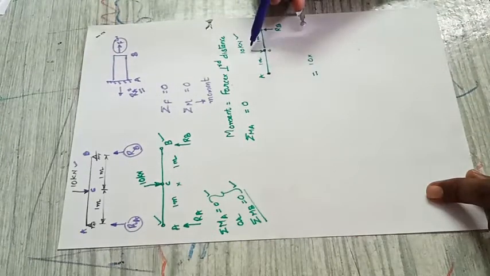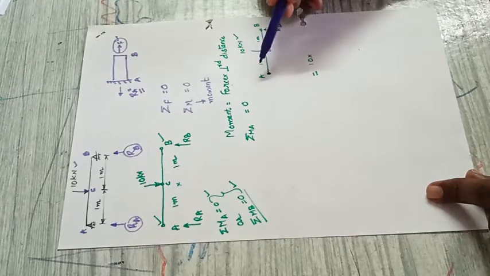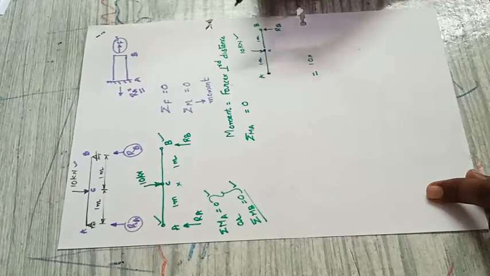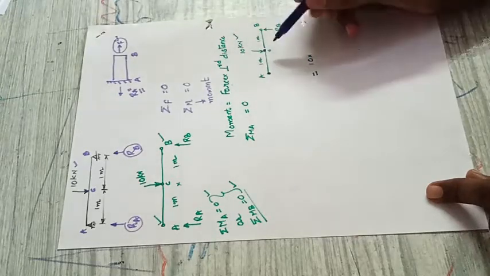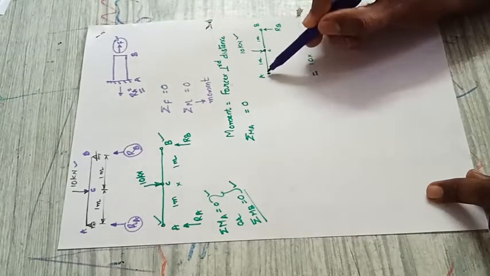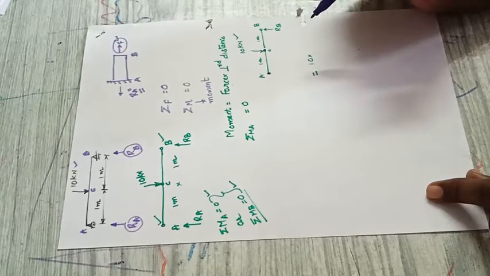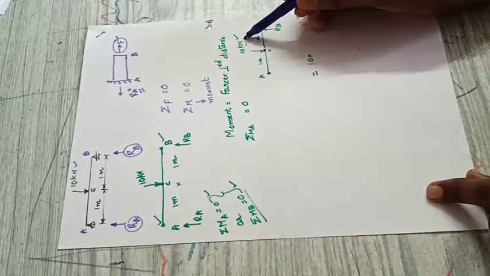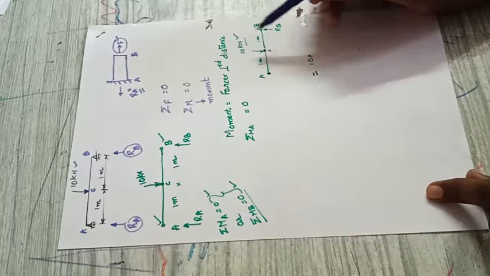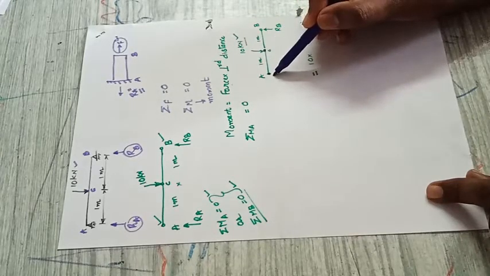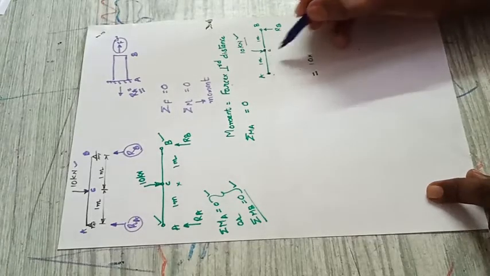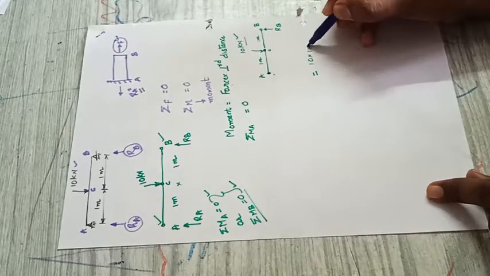So where the load is acting, the point of application of the load, is at C. And with reference to the point about which you are taking the moment, the distance should be between A and C. So force 10 kilonewton, and the distance from the point of application to A, about which you are taking the moment, is 1 meter.